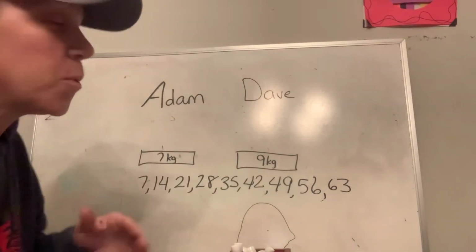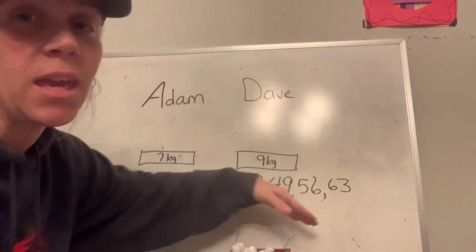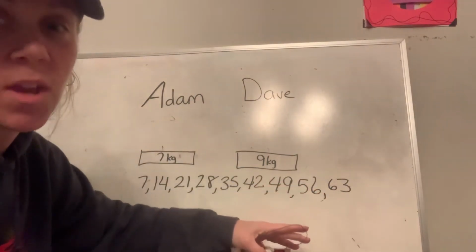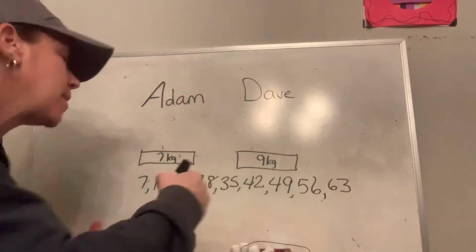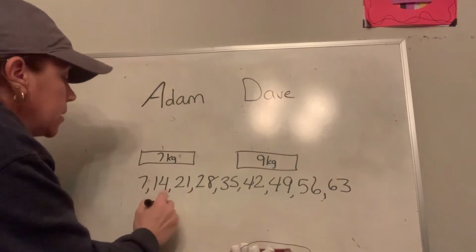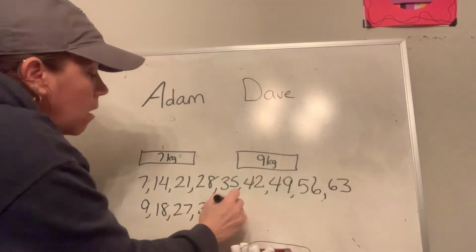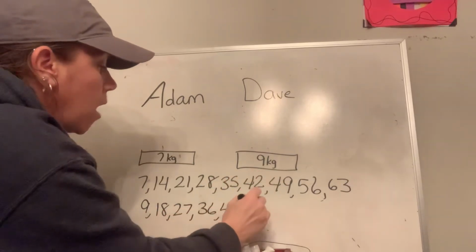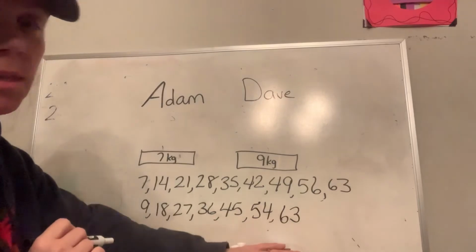If you know your multiples of 9, you know you didn't get to a multiple until you got to 63. So I know that 63 is a multiple of 9. If you have to still make your list, then go for it. You make your list and you keep going until you get to a common multiple up here, and there it is, 63.